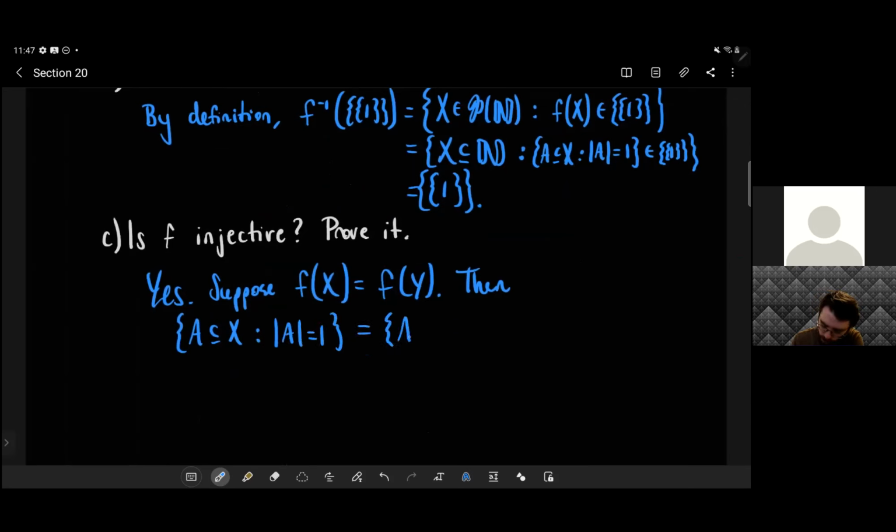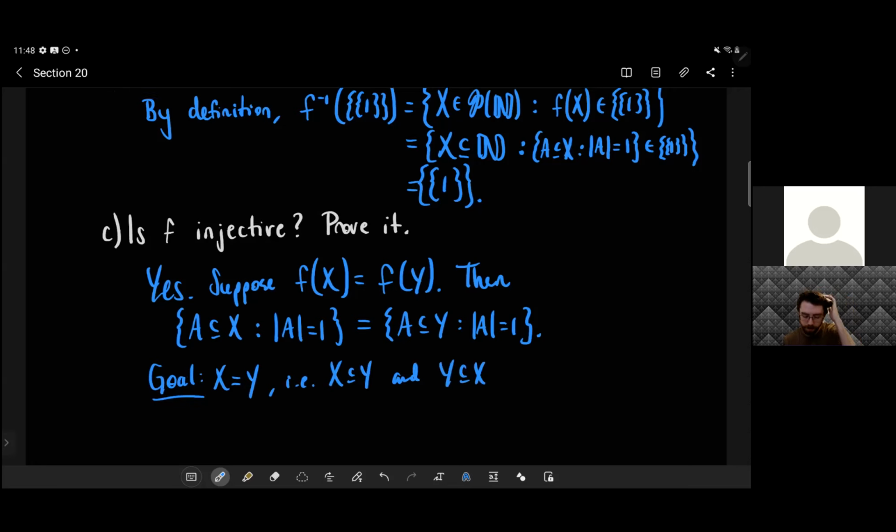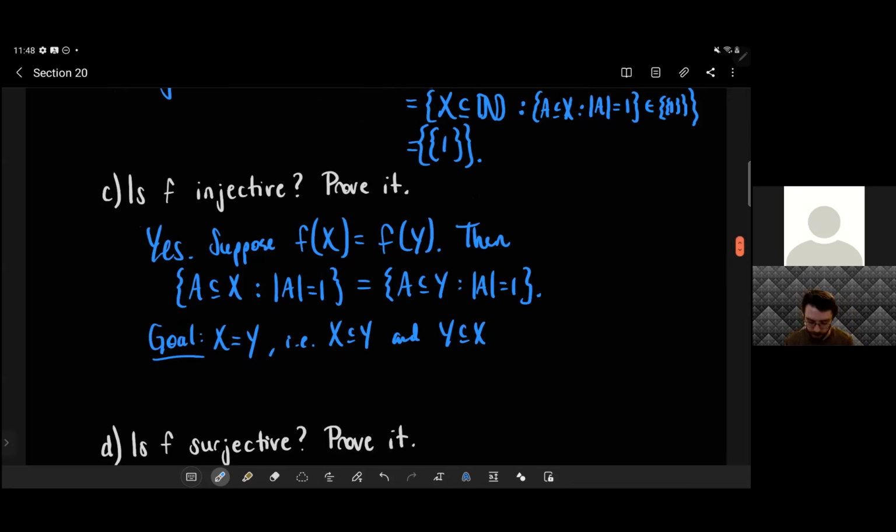And same idea for y, the set of all subsets of y with cardinality 1. It's useful to write a goal so we can see where we want to get. We want to get to x equals y, but they're sets, so I want to show x is a subset of y and y is a subset of x. Let's just do one direction and I'll say the other direction is similar.